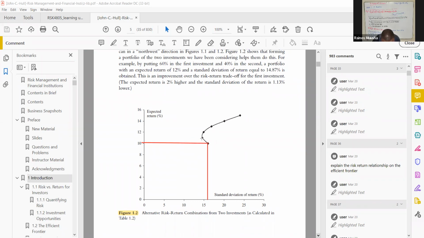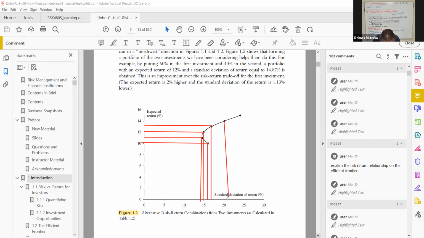And when your standard deviation was somewhere below 15%, your expected return was somewhere here. And for this combination, your expected return was found somewhere there. It's not as accurate, but somewhere very close to that. And for this combination, the expected return was plotting somewhere there.